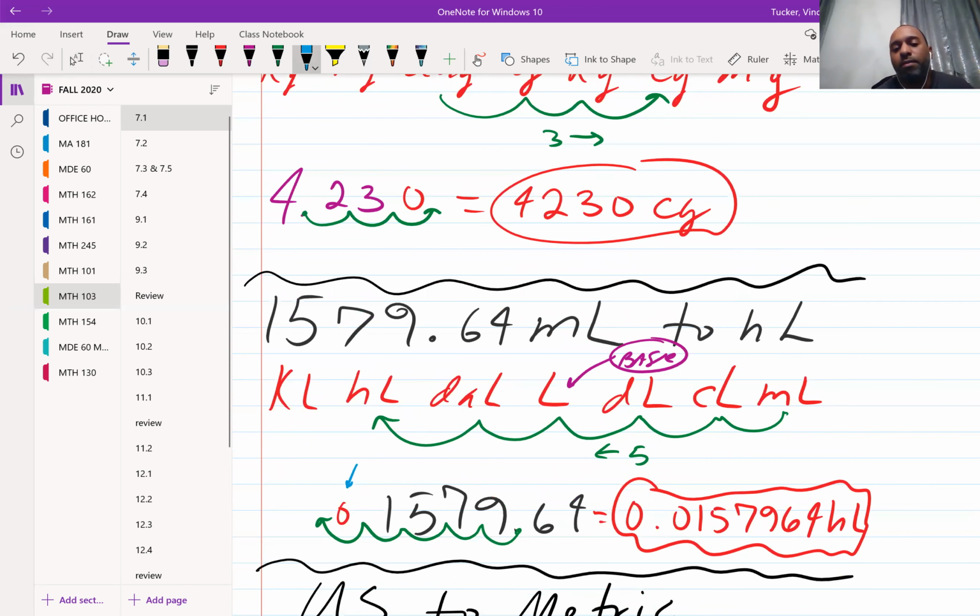So it's 0.0157964 hectoliters. All right, problems with the metric system? Make sure we're good.